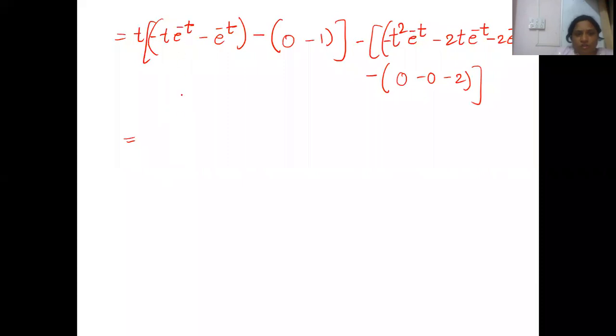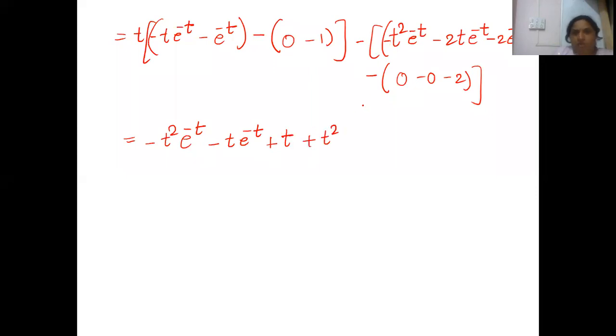So this t will multiply inside, so it is minus of t square e raised to minus t, then minus t e raised to minus t, then this is plus 1 into t, that is t, this is minus minus plus t square e raised to minus t, again plus 2t e raised to minus t, plus 2 e raised to minus t, and this is minus minus plus, but outside is minus, minus 2.